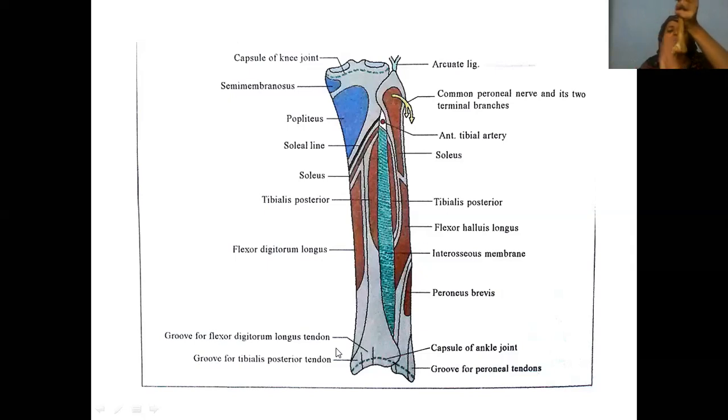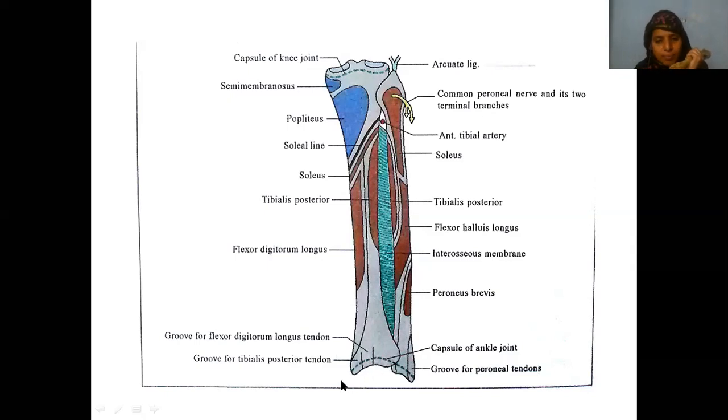We have anterior surface, posterior surface, medial surface towards the medial malleolus, lateral surface, and inferior surface. Inferior surface will be fixing on talus. One of the tarsal bones is talus. Inferior aspect of the tibia is articulating with the talus bone to form ankle joint.